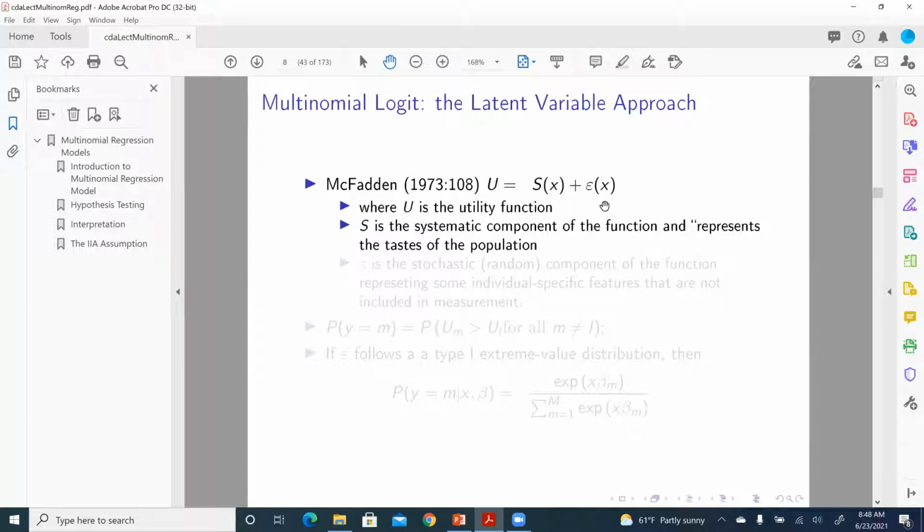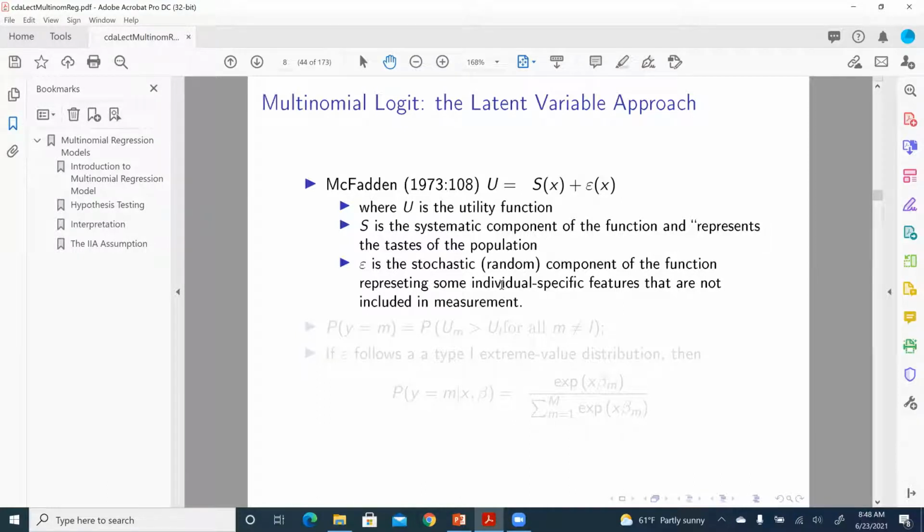And there's this error term, epsilon. Epsilon is the stochastic random component of the function, representing some individual specific features that are not included in the measurement. Okay?